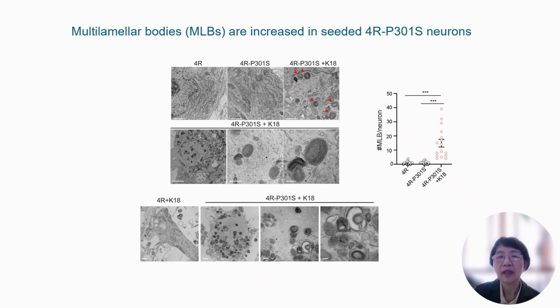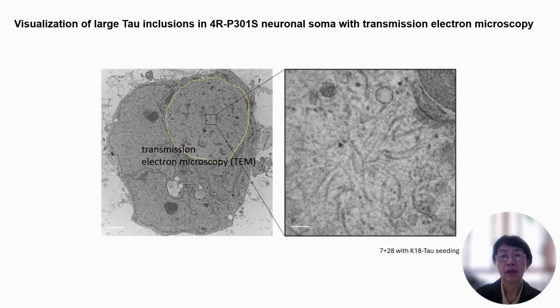We observe an accumulation of abnormal vesicle structures with multi-layer membranes exclusively in K18-seeded mutant neurons, both in soma and neuronal processes, which suggests impaired endolysosomal membrane trafficking. We also observe large tau inclusions in the soma of 4R-P301S neurons when seeded with K18 tau fibrils.